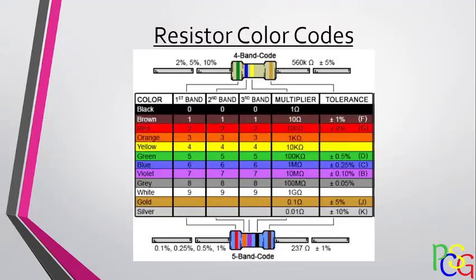Now I want you all to focus on black to white, because gold and silver only deal with the tolerances, and we will get to that a little bit later. We'll start here by understanding how to find out how much resistance is in each resistor based on the color code.